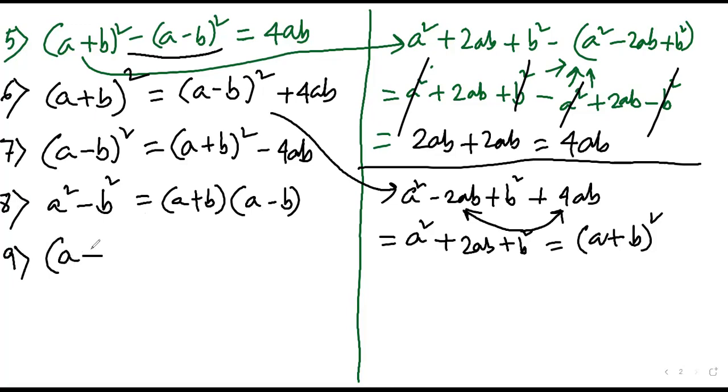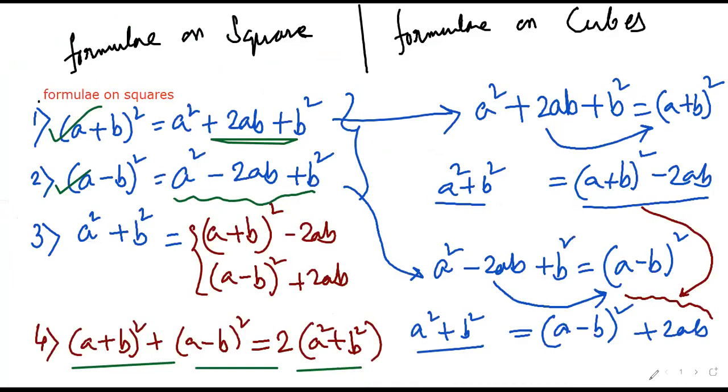using three variables, the formula of square, that is a plus b plus c whole square. See, whenever there are two variables, what was the formula? The formula is a plus b whole square equal to a square plus 2ab plus b square.